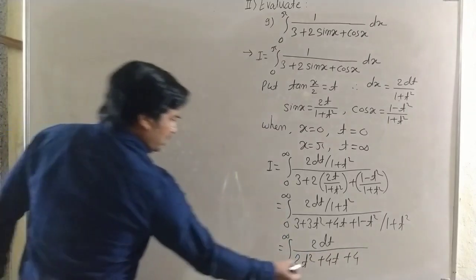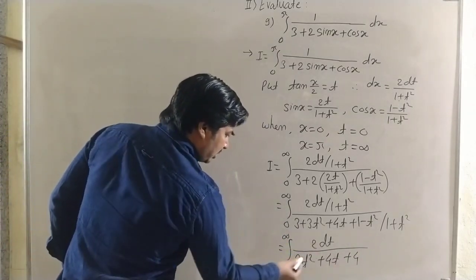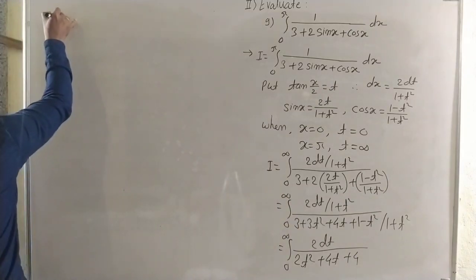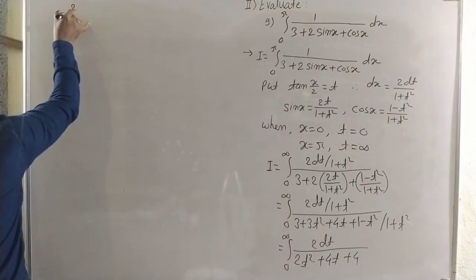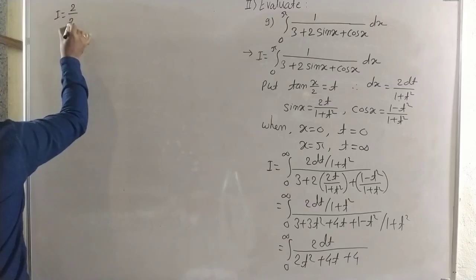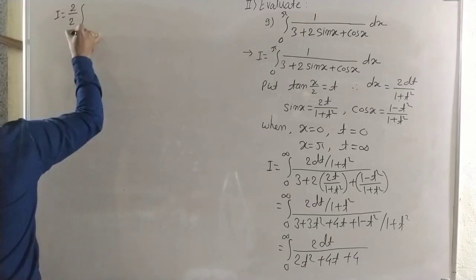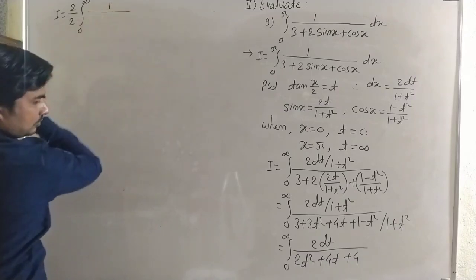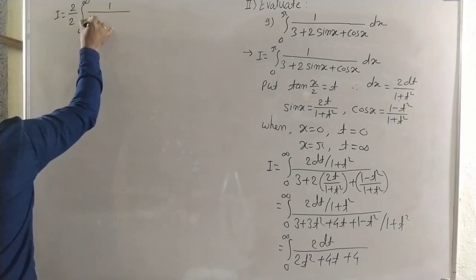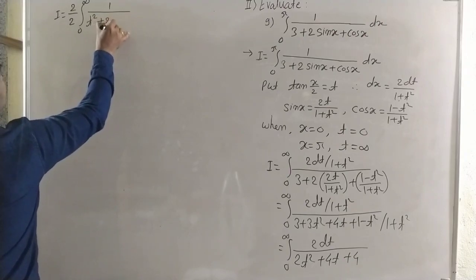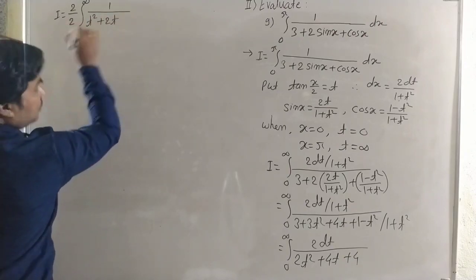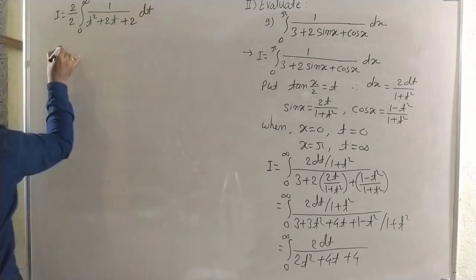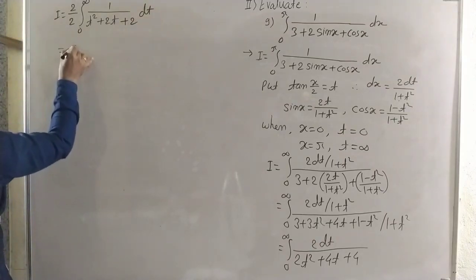Now it is 1 upon a quadratic function, we can take common 2 in the denominator, therefore in the numerator 2 will be outside and common 2 in the denominator, 0 to infinity, therefore 1 upon t square plus 2t and plus 2 dt. Now here 2 gets cancelled.